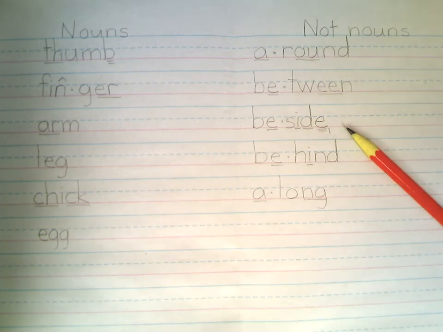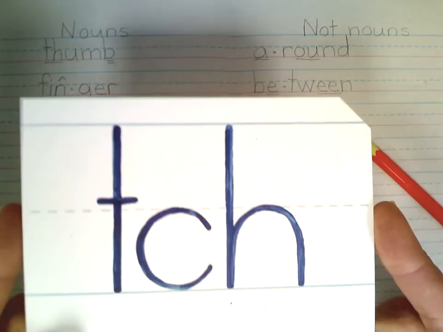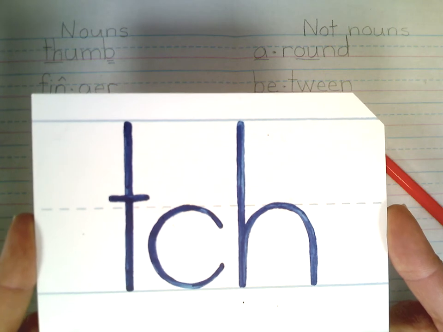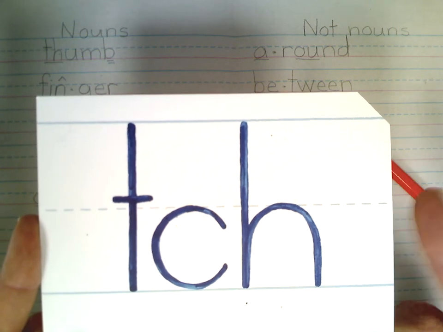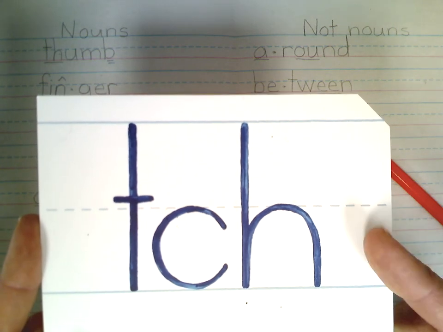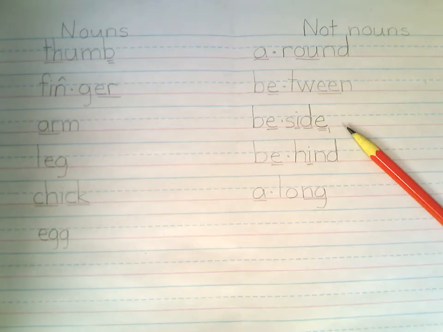Which ch do we use in hatch, class? All right, on the quiz, a lot of us used ch, k, sh, which does make the ch sound, but we want to remember to use tch, 3-letter ch, used after a single vowel that says short a. This is what we use in hatch. So go ahead and write hatch.